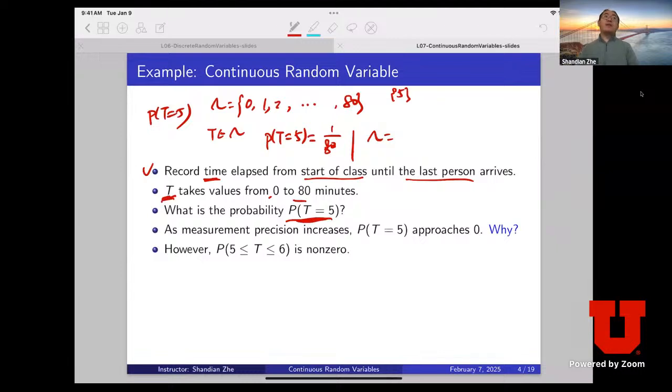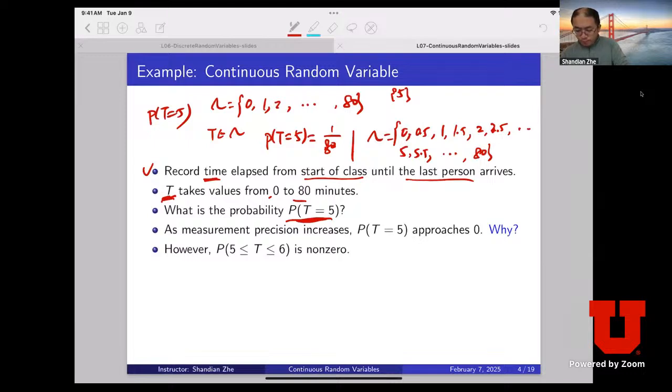Yes, exactly. It's double the sample space we just mentioned, because I have more possible outcomes in my sample space: 0, 0.5, 1, 1.5, 2, 2.5, and so on until 80, right?